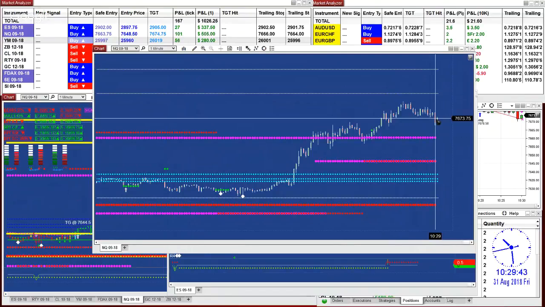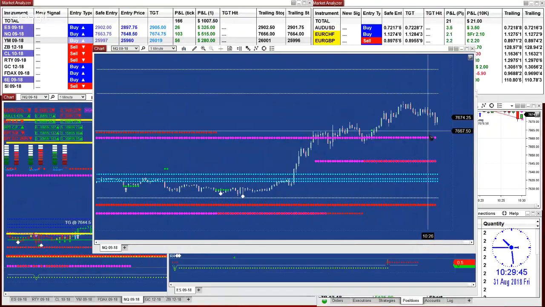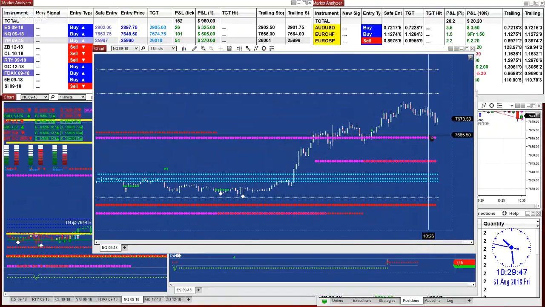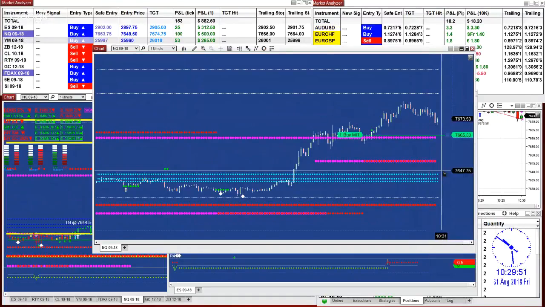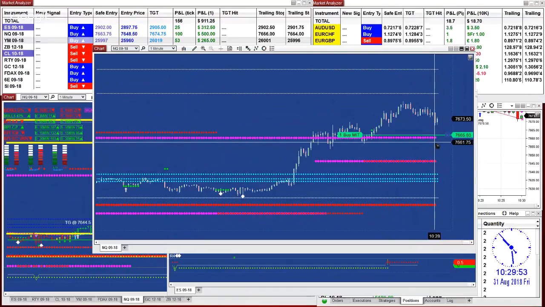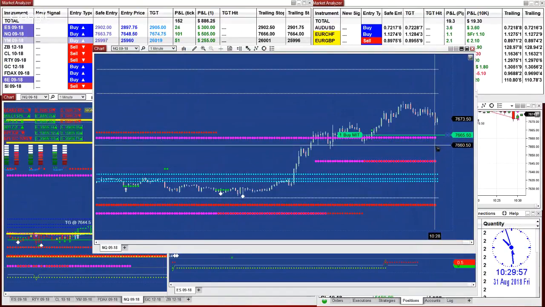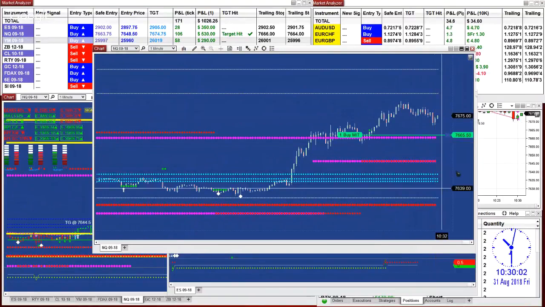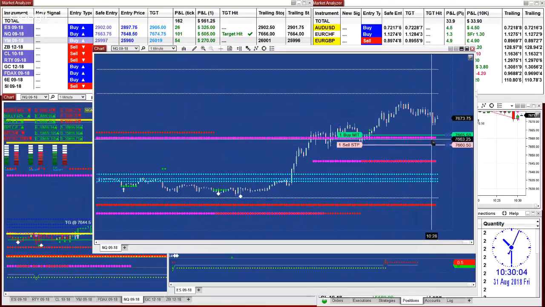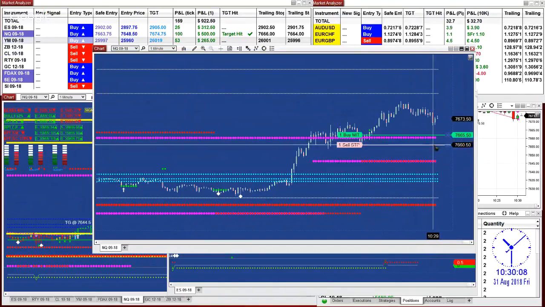The reason is, if I want to take a trade here, I know where to limit my stop loss. Your stop loss is right below that number. Look, right here. Just give it a few ticks below that, and then you're done.